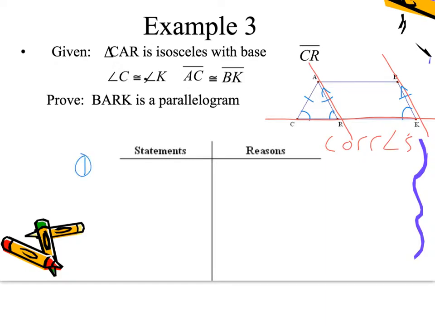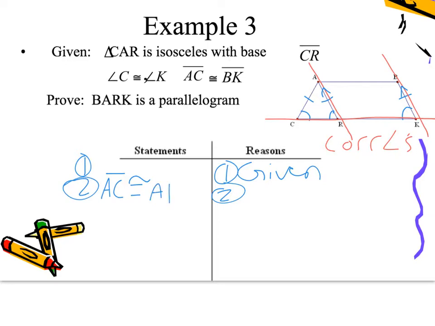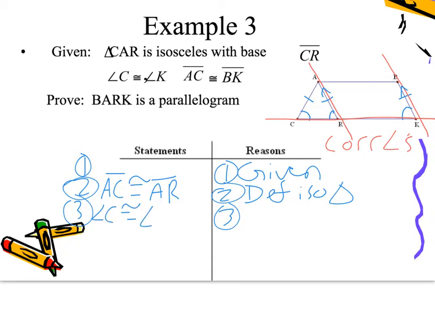So I got my given. And there was a lot that we did there. So let's see here. How about AC is congruent to AR? And that was by def iso triangle, right? And then I also had that angle C is congruent to angle ARC.